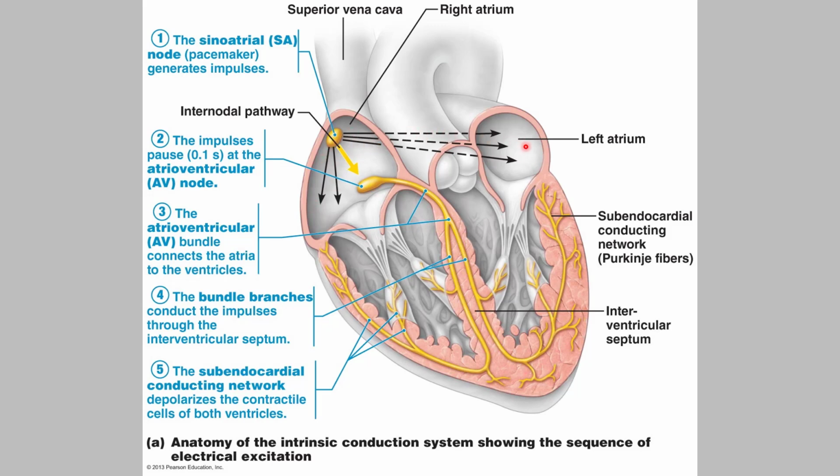The atria depolarize, so what are they going to do? They're going to contract. Then repolarization comes through, they are going to relax. Meanwhile, that depolarization spreads through the ventricles, they will contract, and as repolarization passes through, they will relax. And it happens in that order. The atria depolarize and contract, then the ventricles depolarize and contract.